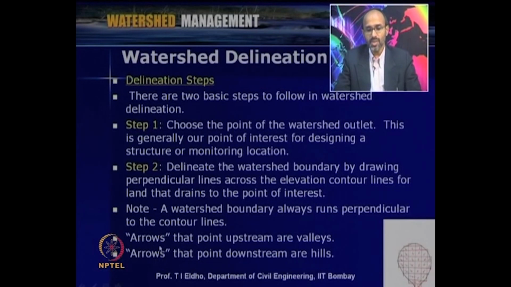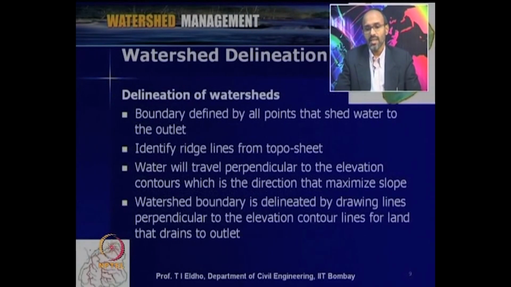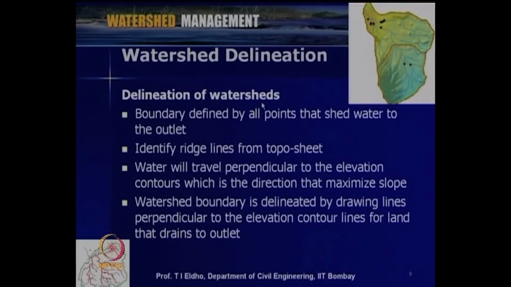While doing this process, say for example, arrows that point upstream are always valleys, and arrows that point downstream are hills. So, like that, certain procedures we can follow while delineating a watershed. Now, as far as the delineated watershed is concerned, the boundary is defined by all points that shed water to the outlet, as I already mentioned.